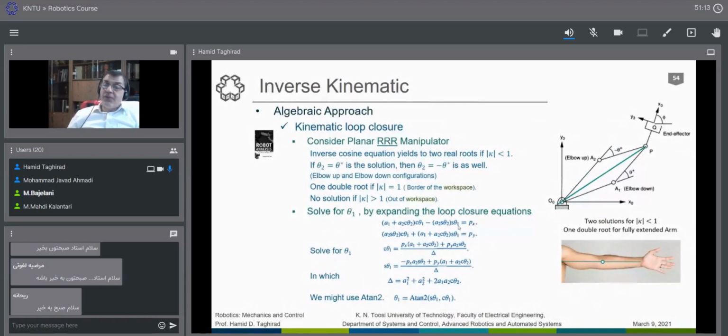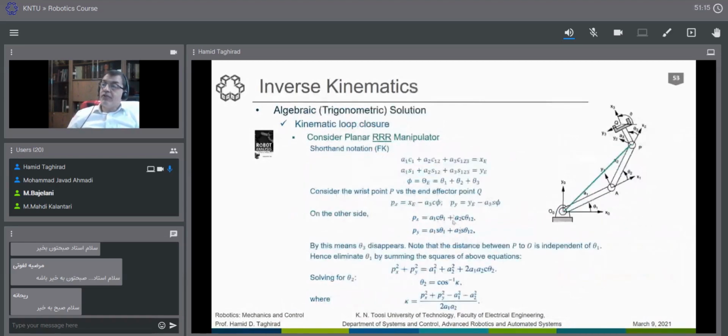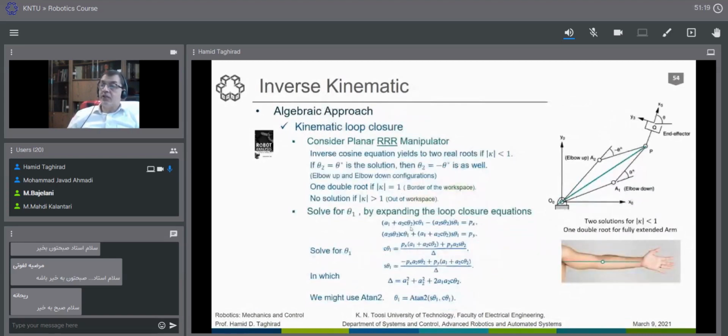So we expand this equation in terms of theta 1 and theta 2. Considering that theta 2 is known, we will have two equations with one unknown, but in terms of sine and cosine. We can find the cosine and sine separately, and then use atan2 as we discussed before to find it.